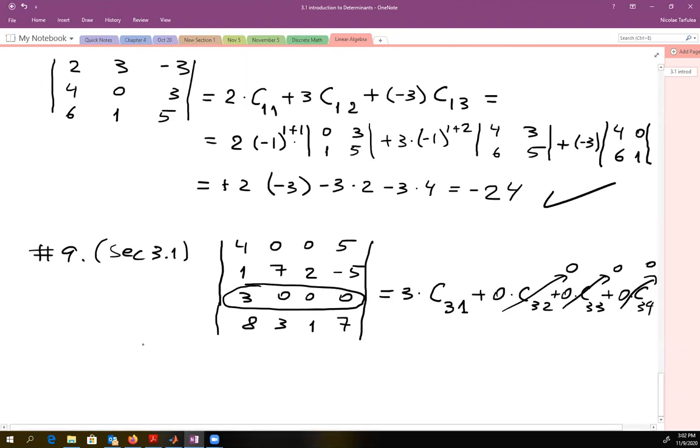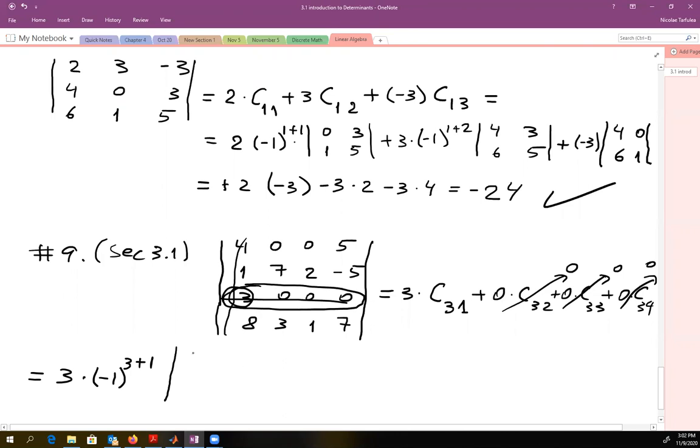So let me rewrite this here. This is 3 times -1, don't forget about this one, -1 to the power 3 plus 1. And now we have to cross out row 3 and column 1, in other words, the row and column whose intersection is this number 3.